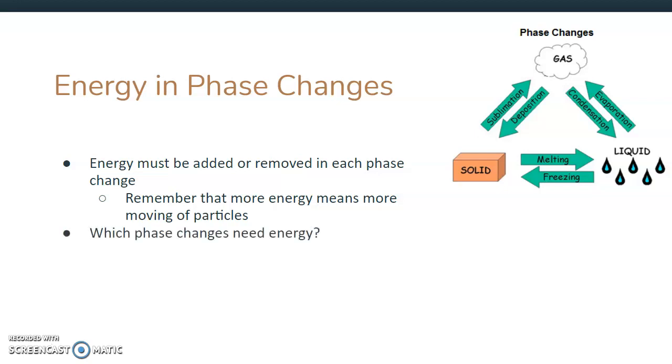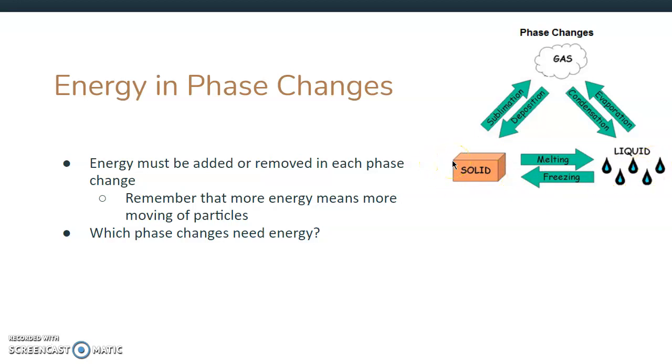So which phase needs energy? My question is, what change do you need to put energy in to have? If we're freezing something, are we putting energy in, or are we taking energy out?